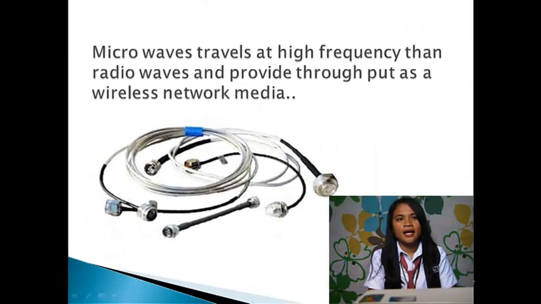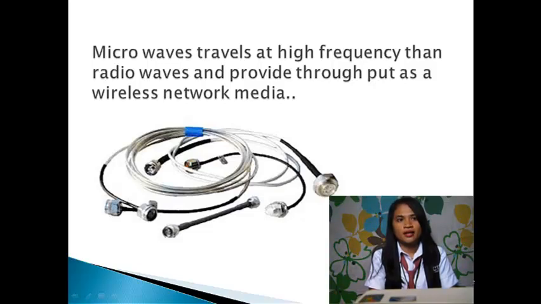Microwave. Microwave travels at a higher frequency than radio wave and provides higher throughput as a wireless network medium. Microwave transmission requires the sender to be in line of sight of the receiver. There are two types of microwave: the terrestrial microwave and the satellite microwave.